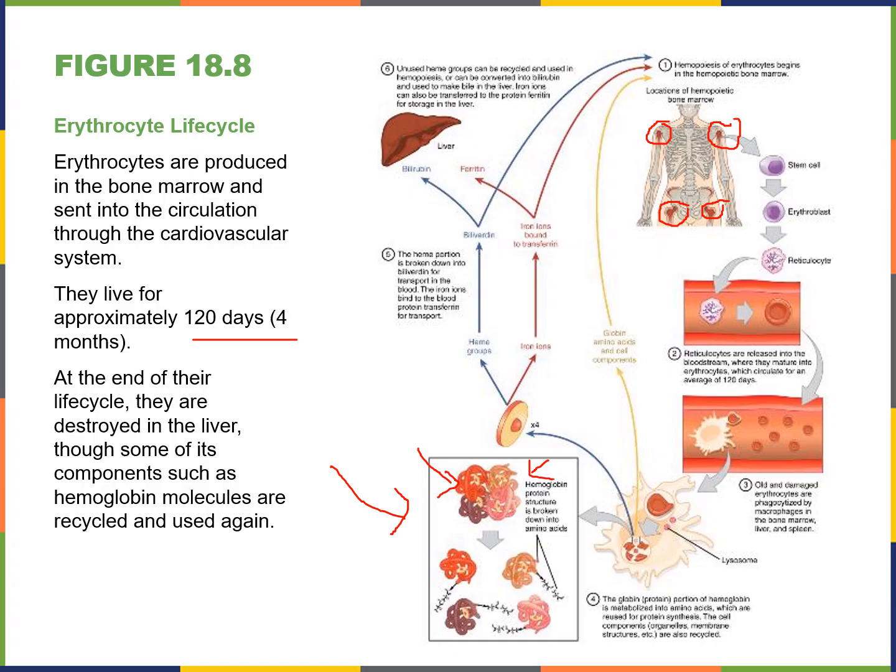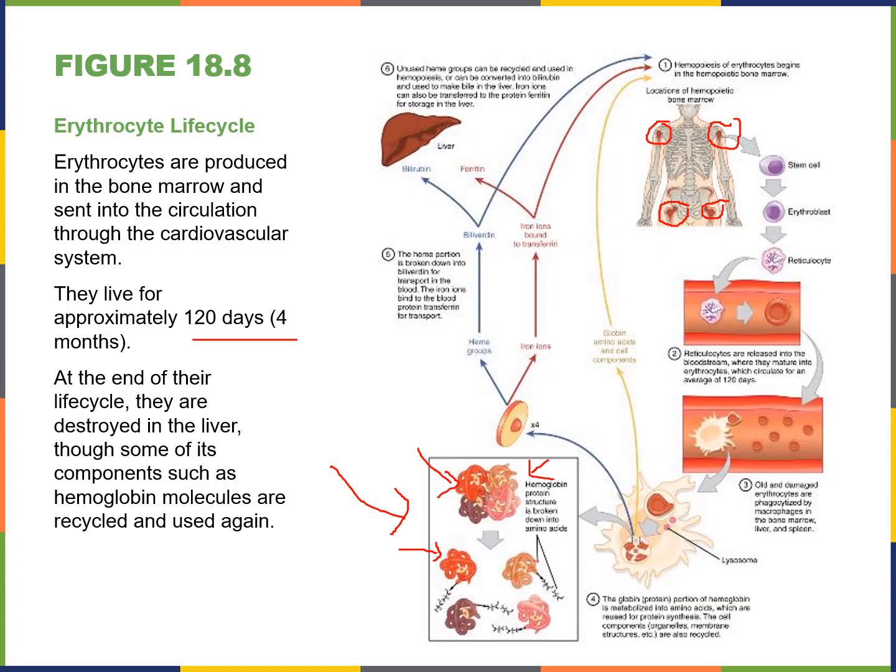So when the red blood cell is old and broken apart, the globin chains are separated. They're broken down to amino acids, which the cell can use to make proteins. And the heme part, which is where we find the iron atom, is reused by the body to make more hemoglobin. So that's why there is a kind of recycling going on here in the body.